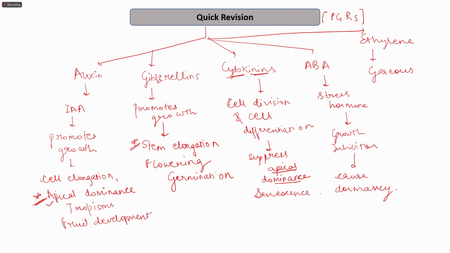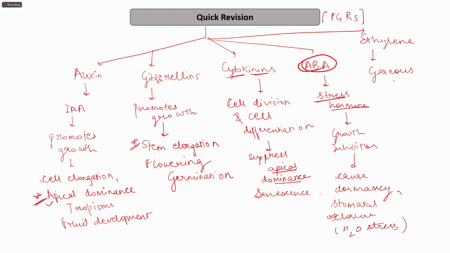It also causes stomatal closure during water stress. So water stress is prevented by the stomatal closure, which is caused by ABA, the abscisic acid, also known as the stress hormone.